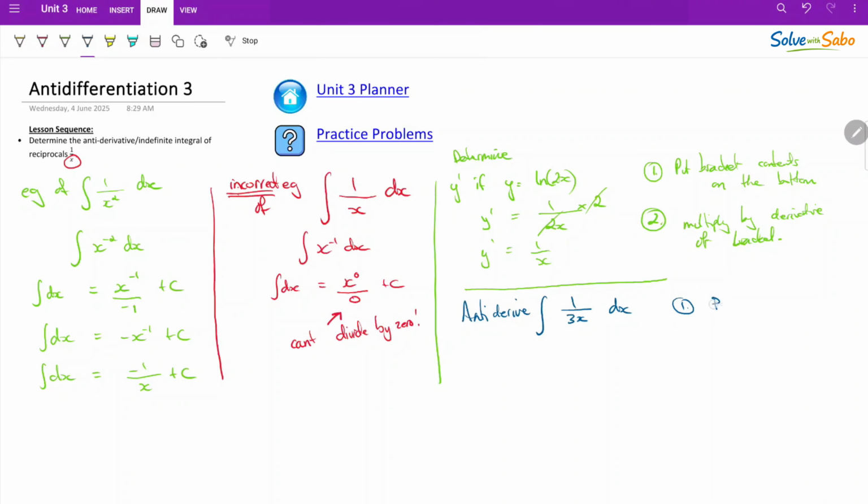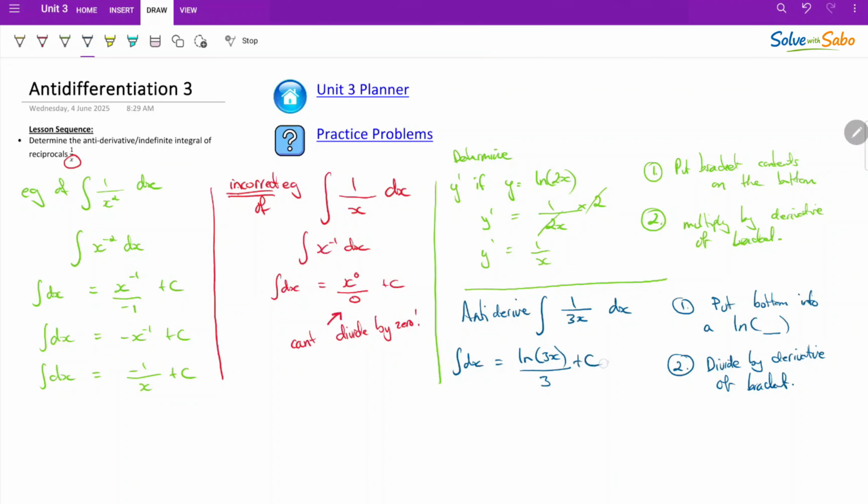We're going to put the bottom into a log, then the second thing is, instead of multiplying by the derivative of the bracket, we're going to divide by the derivative of the bracket. So what we're going to get is the integral with respect to x is going to be ln of 3x divided by 3 plus c.